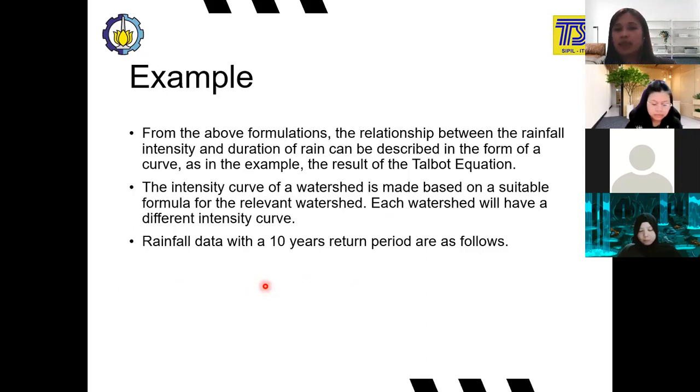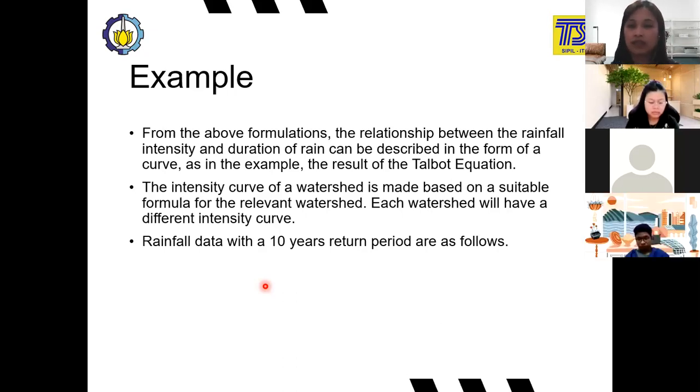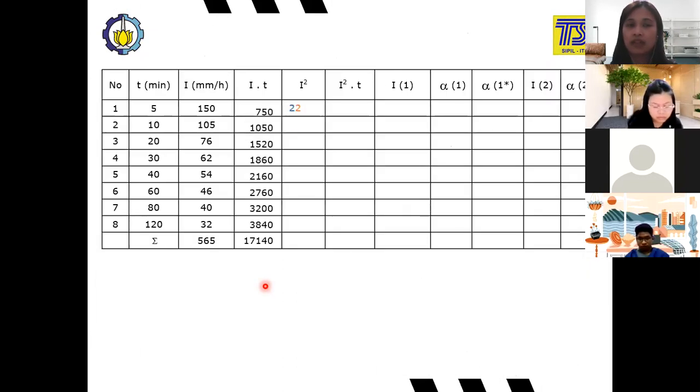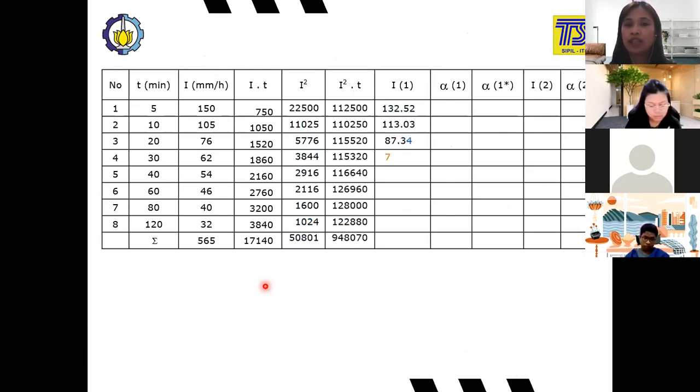Here we have an example of using the Talbot equation. For example, here we have the data of rainfall in 2 hours. As you know, the Talbot equation can only be used up to a 2-hour duration.